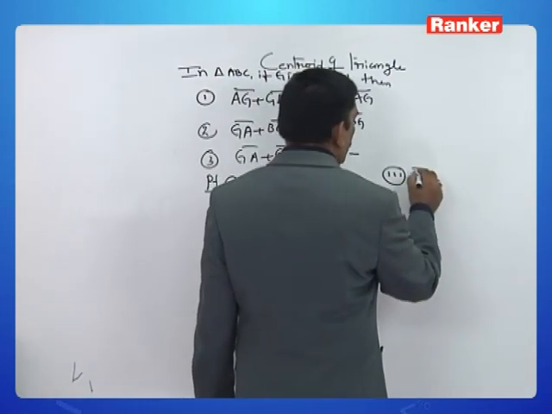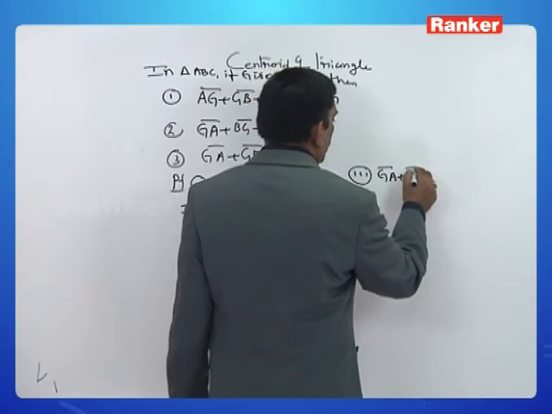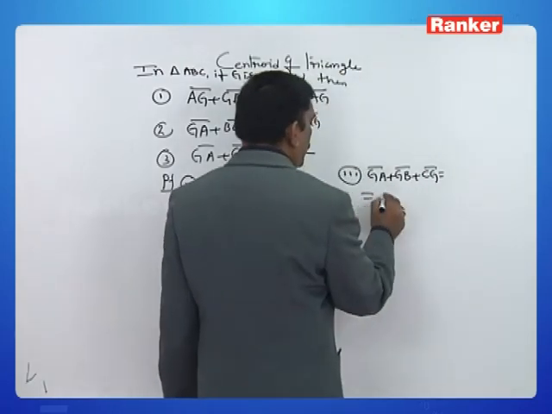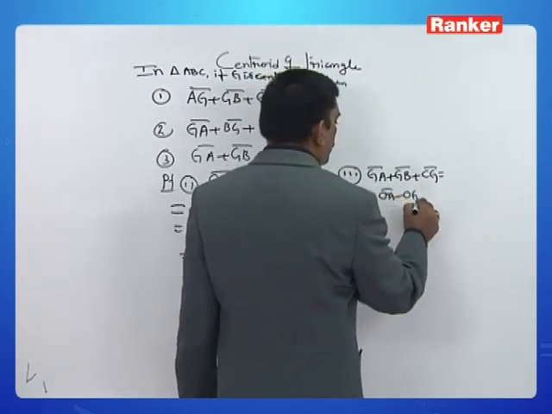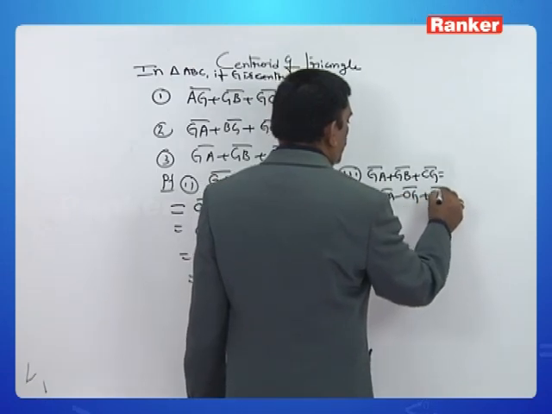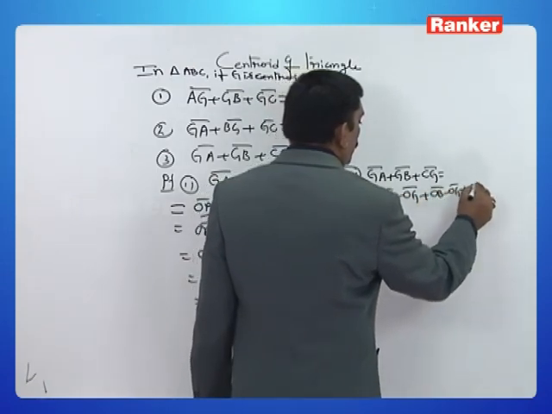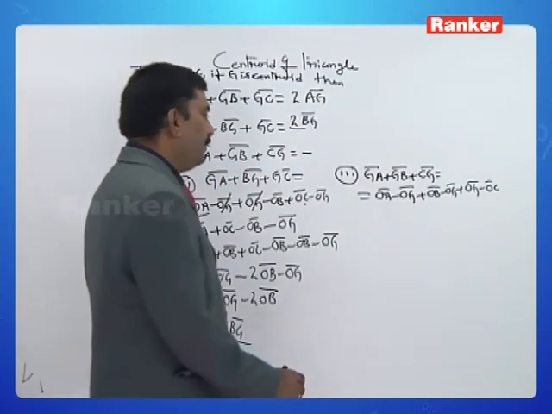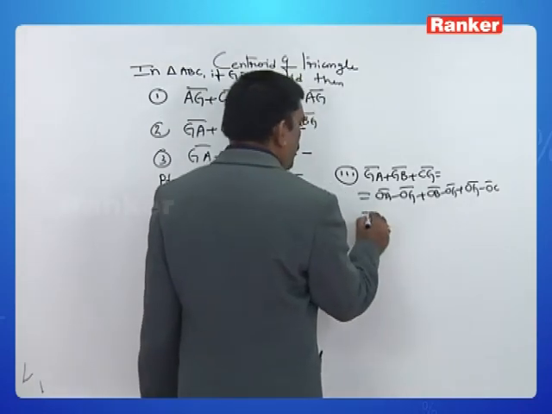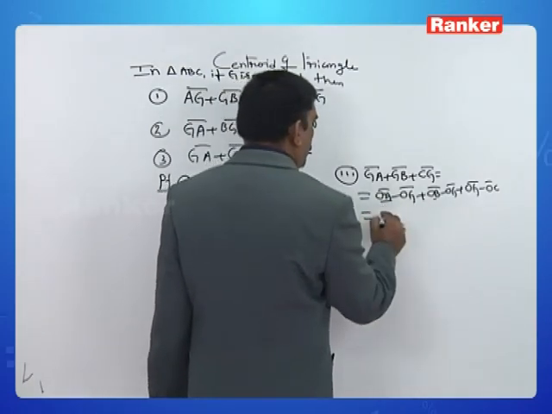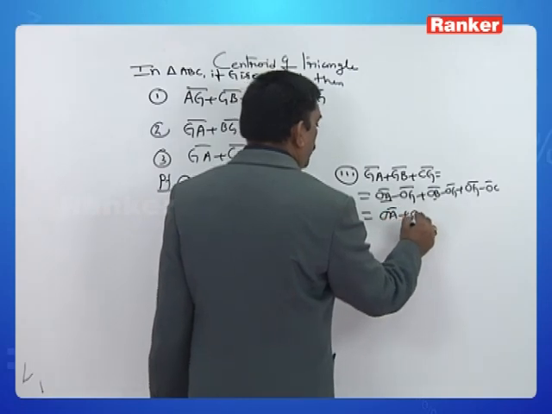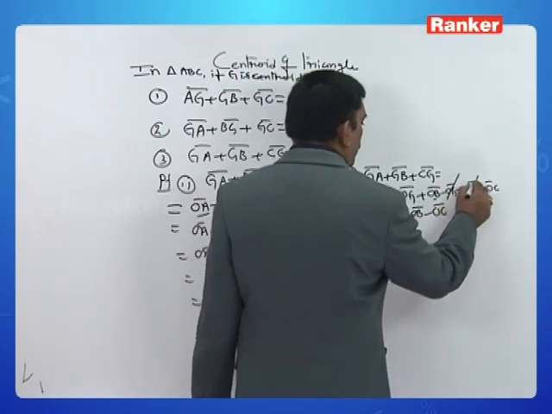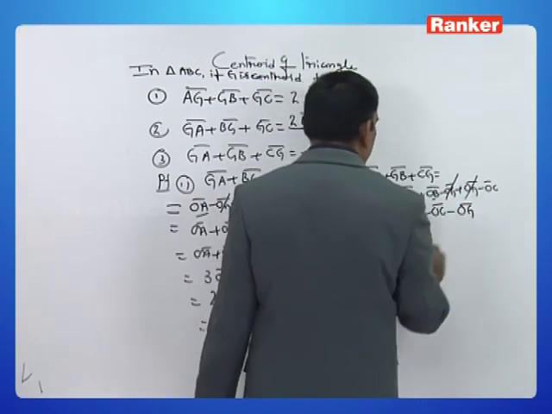Similarly, I can go for the third one. What is the third one? GA bar plus GB bar plus GC bar is equal to, from here, OA minus OZ, OB minus OZ, OZ minus OC. So therefore, I can write this one as, add up these two, OA bar, OB bar, minus OC bar, this and this get cancelled, minus OC bar.